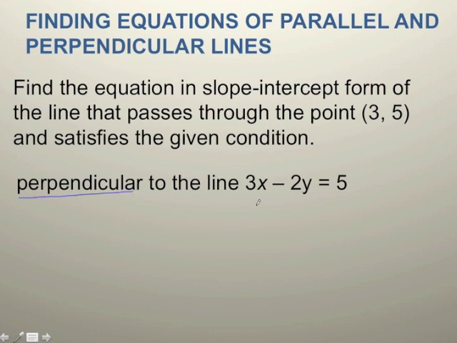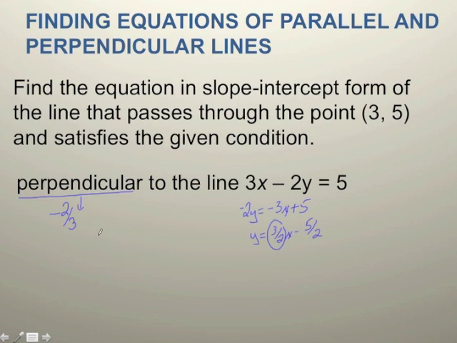Now in this case, we want the perpendicular line. So first let's find the slope. -2y equals -3x plus 5. y will equal 3/2 x minus 5/2. So the slope of this line is 3/2. The negative reciprocal of that would be -2/3. So that's the slope I want to use.